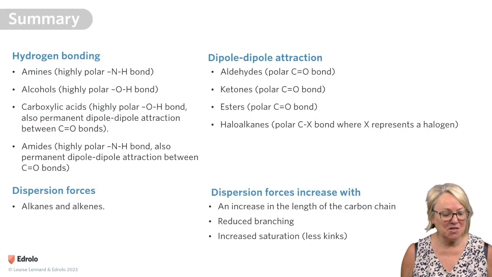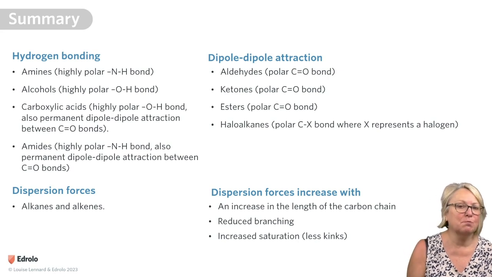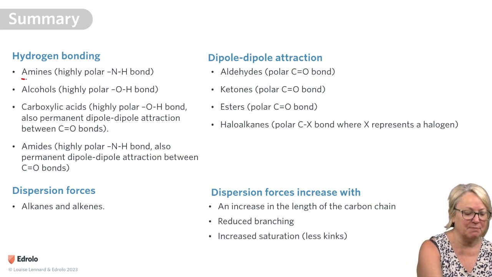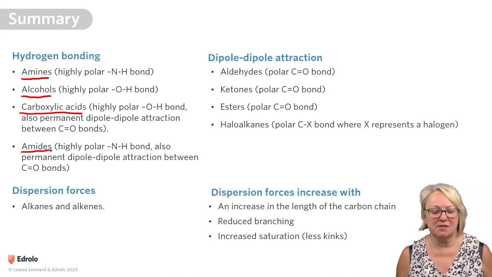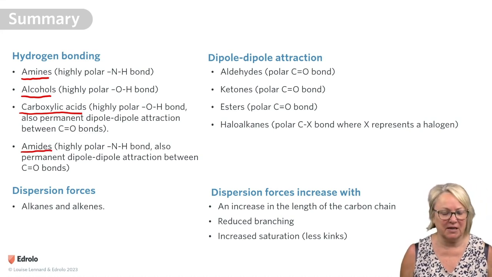So let's summarise what we've learned, and some of this you might want to put on cue cards to remember. So hydrogen bonding occurs between adjacent amines, alcohols, carboxylic acids and amides. Hydrogen bonding is the strongest type of intermolecular force.